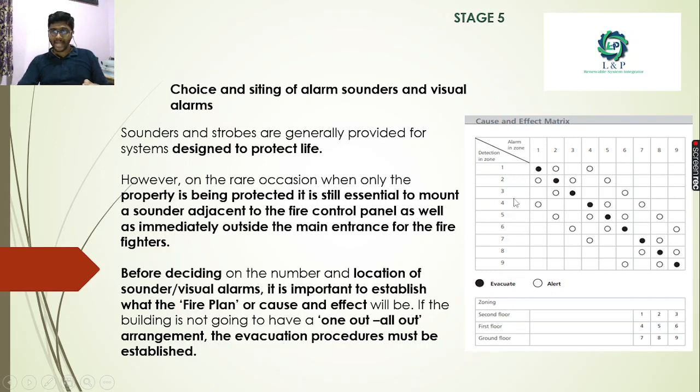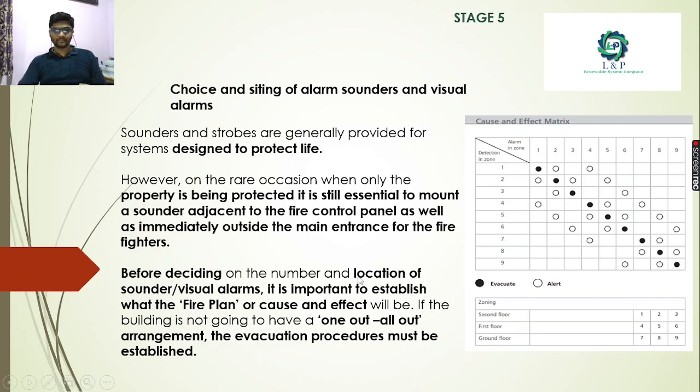If detection happens in any of these zones, where we need to create an alert, and where and when we have to create evacuation, those things are there. Alert should be a basic factor while designing any sort of sounders or visual alarms. And the critical thing is evacuation. If it is a high level alarm, for sure we need to create an evacuation.